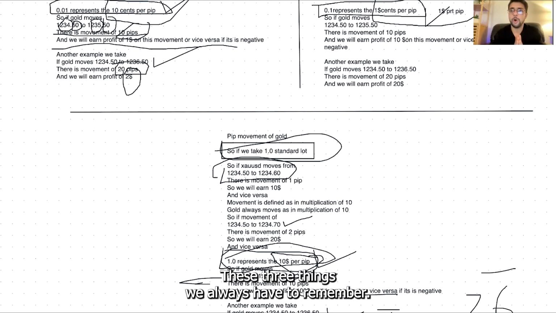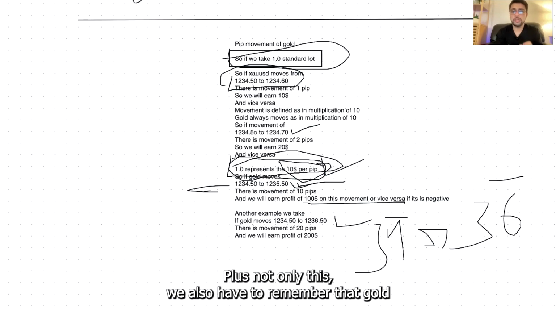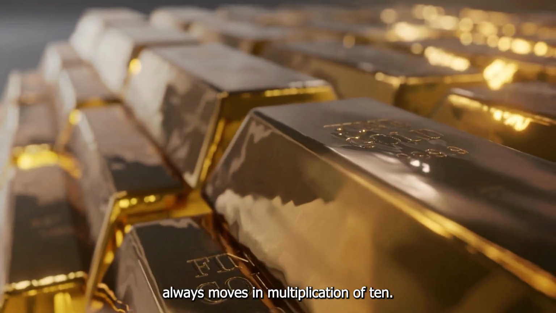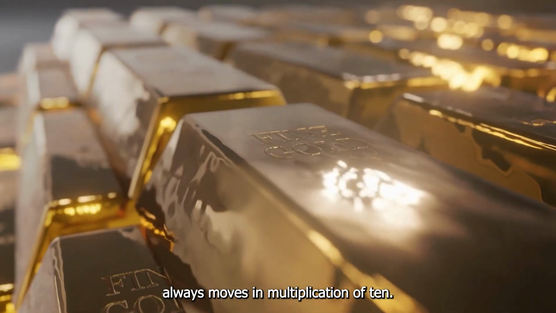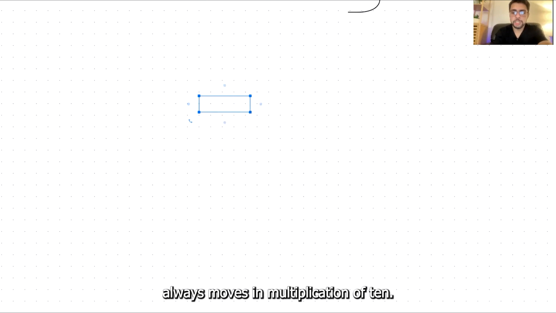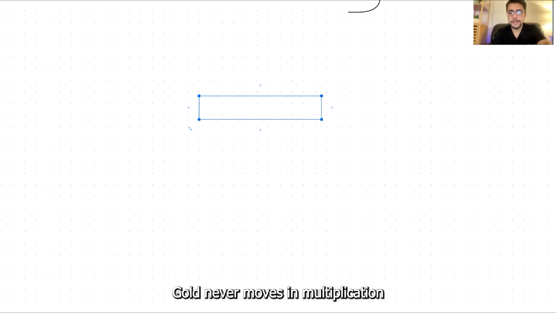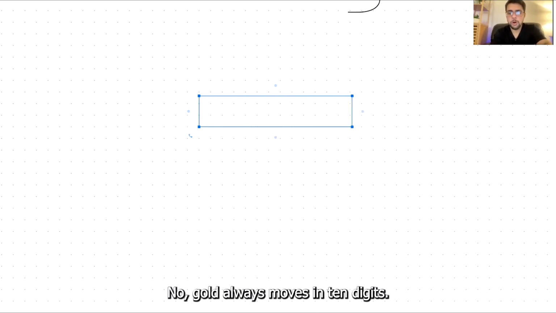These three things we always have to remember. Plus, we also have to remember that gold always moves in multiples of 10. Gold never moves in multiples of 1, 2 or 5. No, gold always moves in 10 digits.